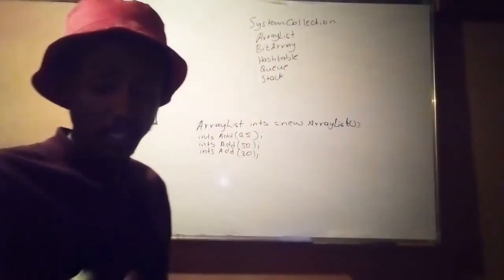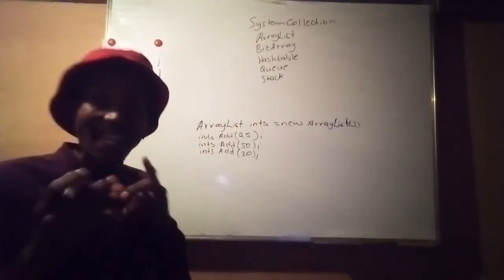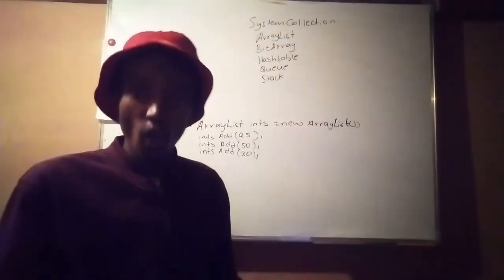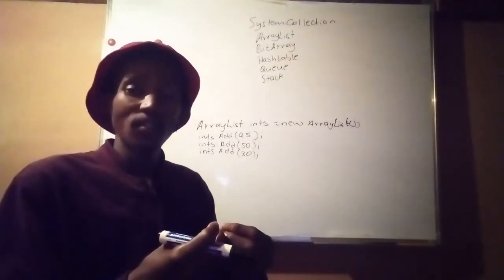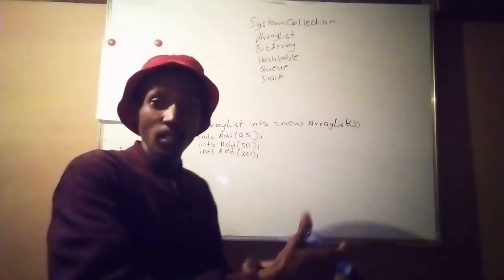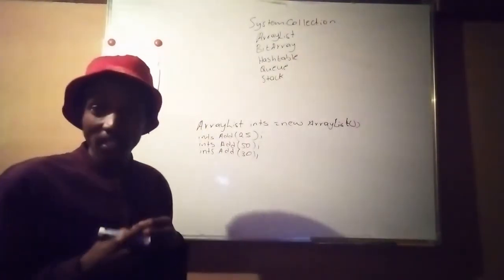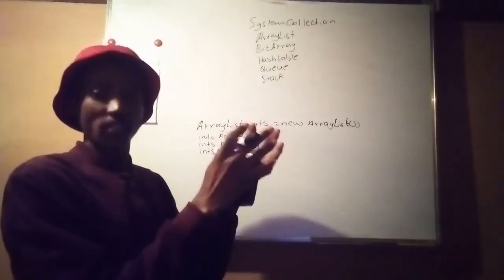There's one good thing that I want to mention about these ones. The good thing is that unlike a traditional array, where you will have to specify the number of items that you want to add into that array, here you don't specify the number of items. That means they don't have a fixed size.